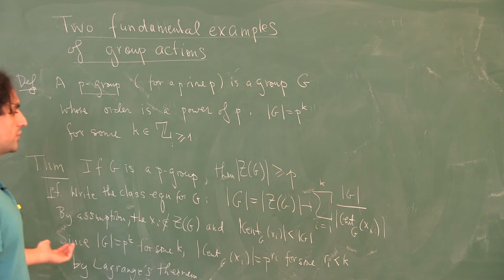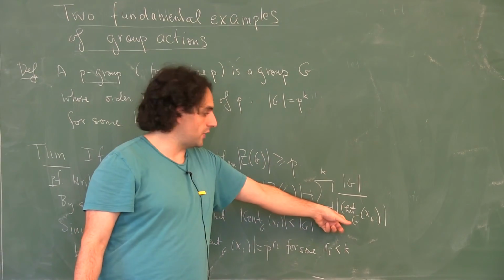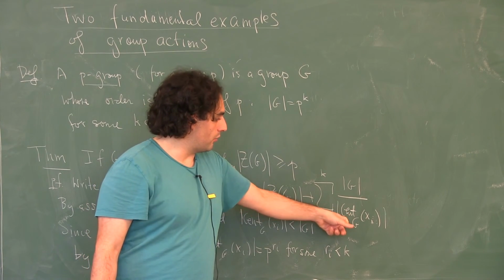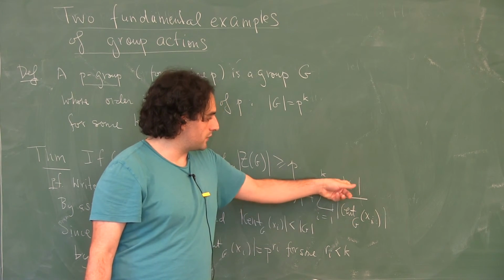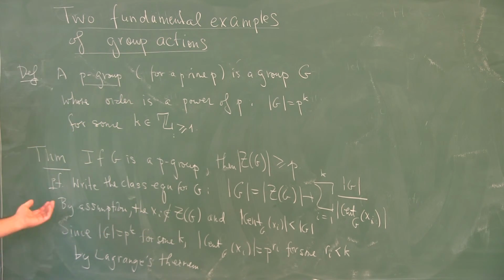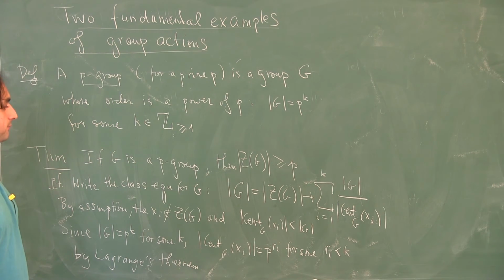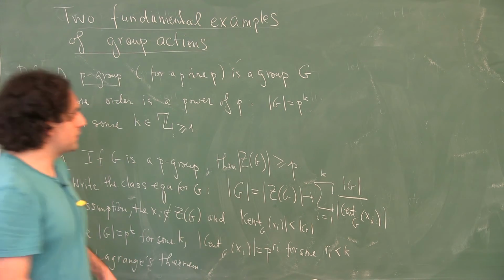So remember, Lagrange's theorem says the order of a subgroup divides the order of a group. Here I have a subgroup. So the order of this subgroup needs to divide the order of G. A divisor of p to the k is necessarily another power of p, p to the ri.